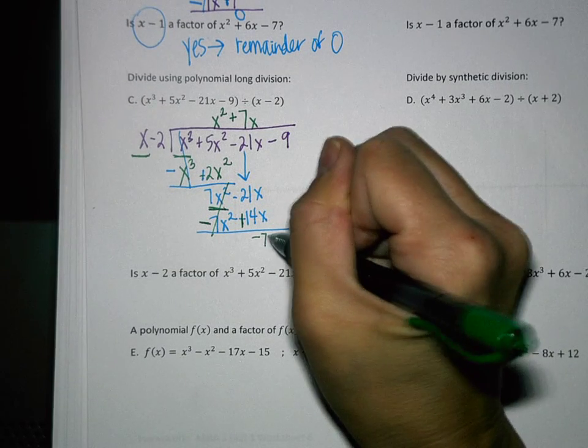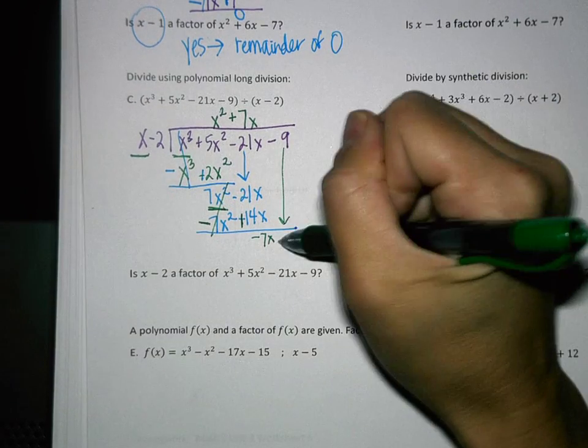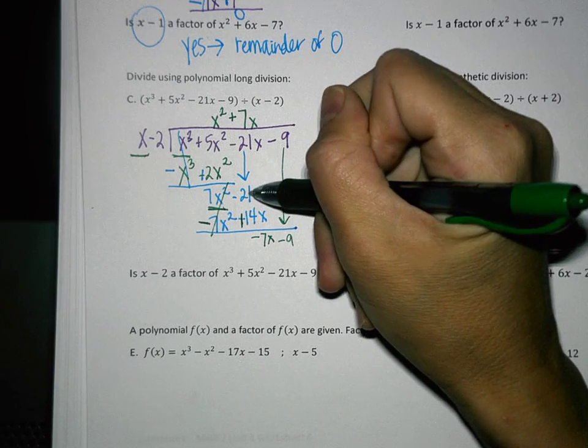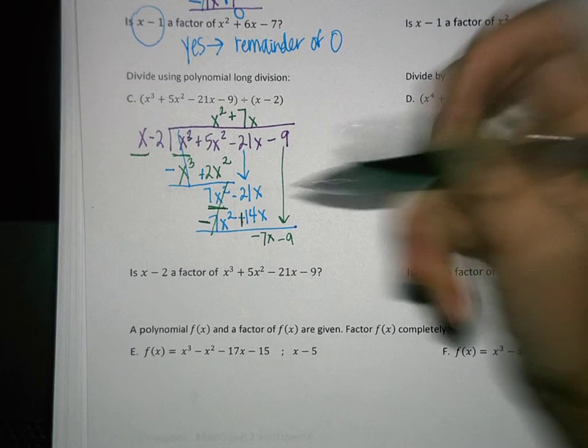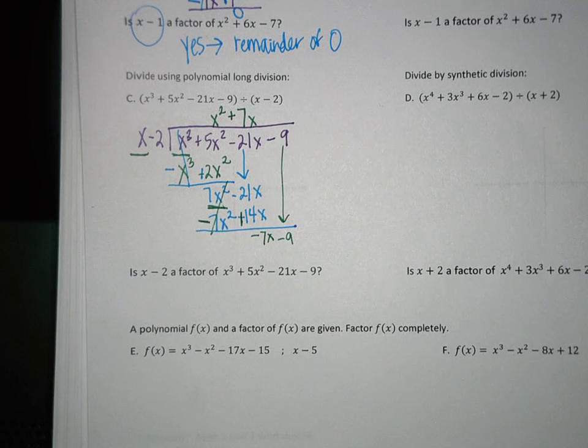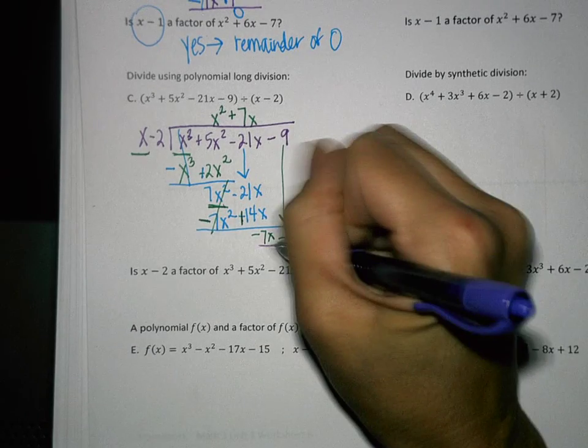Negative 7x, and then we bring down the minus 9. So negative 21 and positive 14 make a negative 7x, and then we bring down our last term there, which is negative 9.